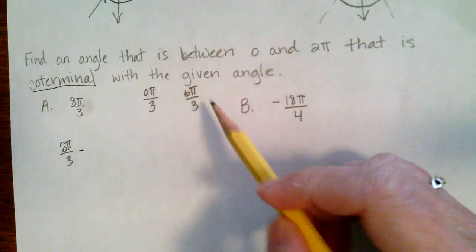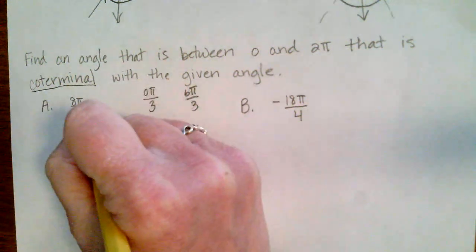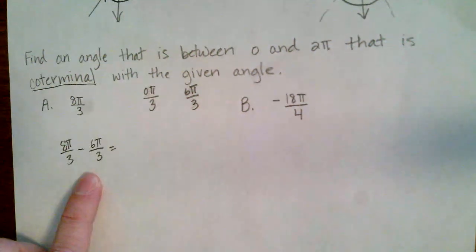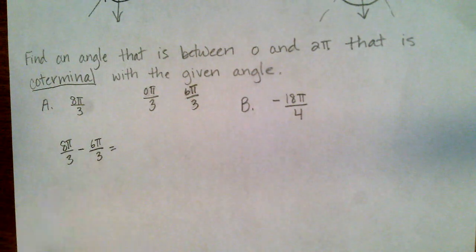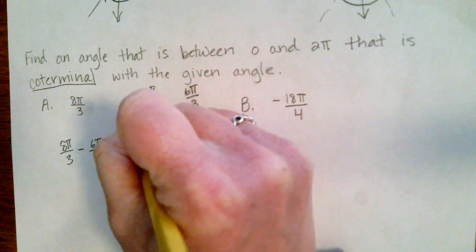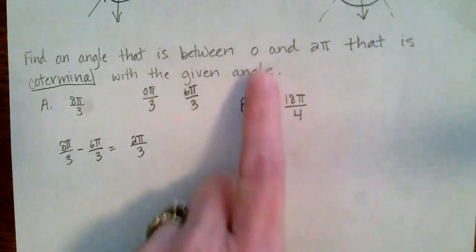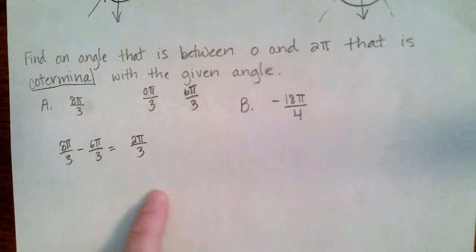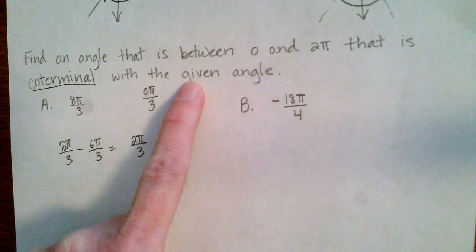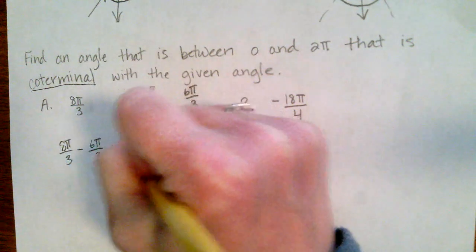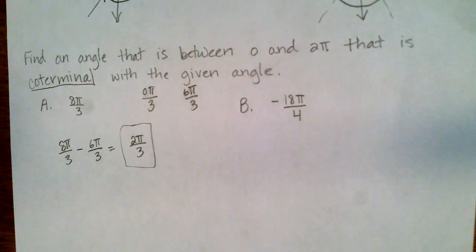I am going to do this as 6 pi over 3 so that I already have like denominators, and I get 8 pi minus 6 pi is 2 pi over 3. I have a number that's between 0 and 2 pi. 0 pi over 3 and 6 pi over 3, 2 pi over 3 would be in there. So this is my answer. I only had to subtract 2 pi once.